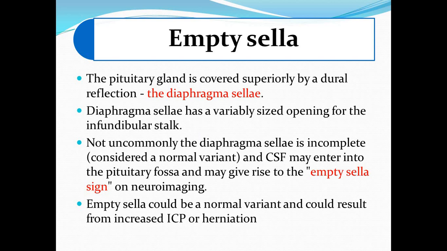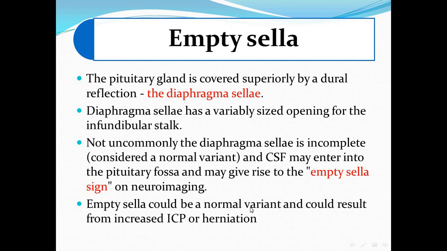Sometimes this opening is large. Sometimes there is incomplete formation of the diaphragma sellae. So the CSF will be introduced into the sella turcica. Therefore, it will cause deviation and flattening of the pituitary gland, causing what is called the empty sella sign.